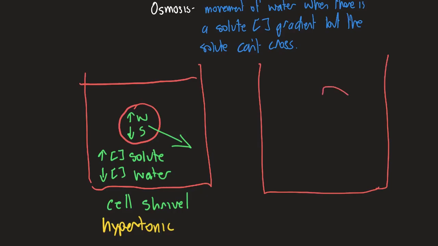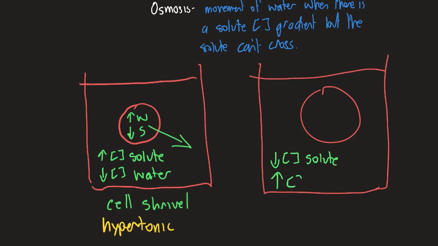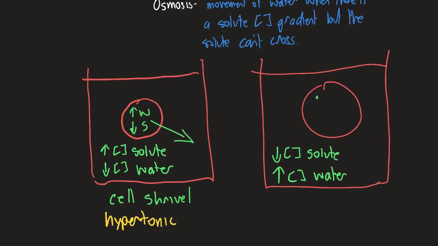Now we've got a situation where we have a low concentration of solute and a high concentration of water on the outside of the cell. Thinking about the inside of the cell, it's the opposite: low water and high solute.